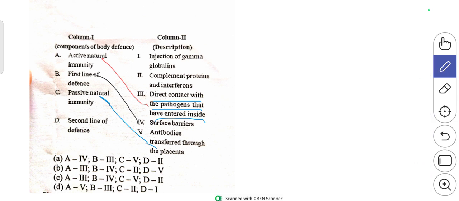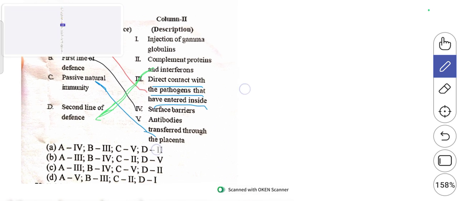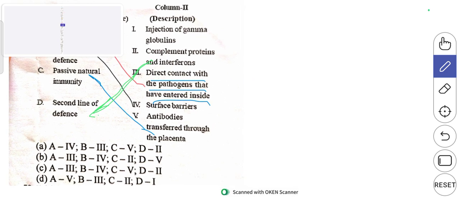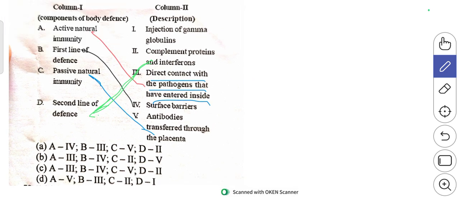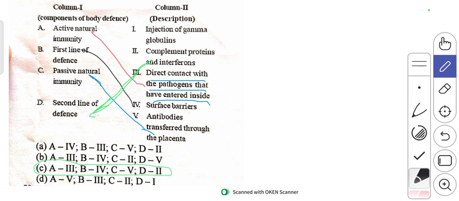Then the last one, second line of defense: the complement proteins and interferons are considered as the second line of defense. So for this question, the right answer is A3, B4, C5, D2. So C is the right answer for this question.